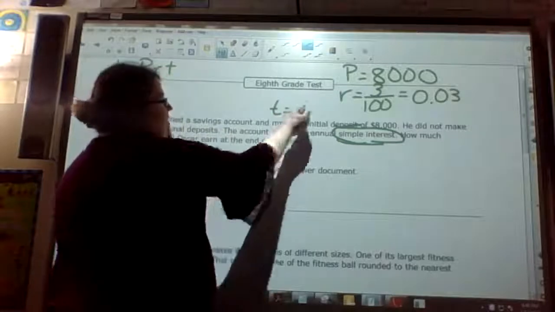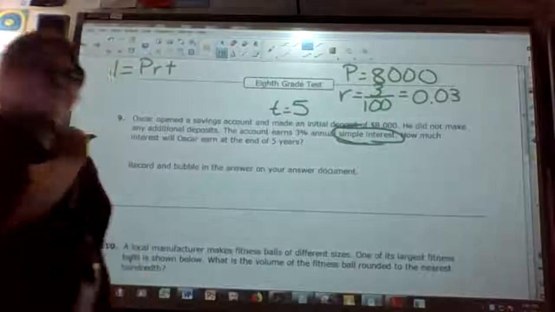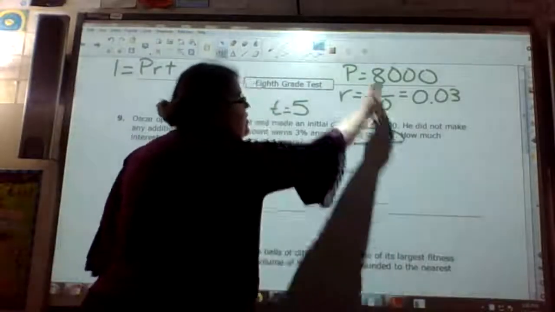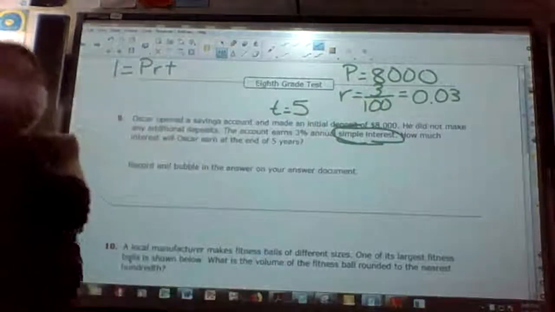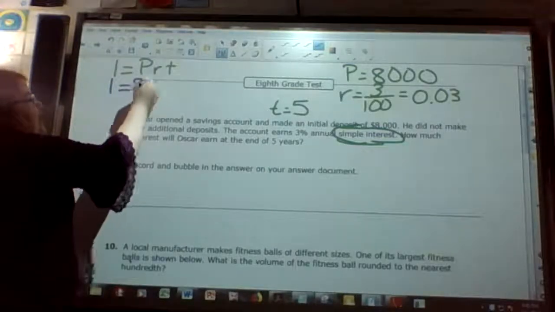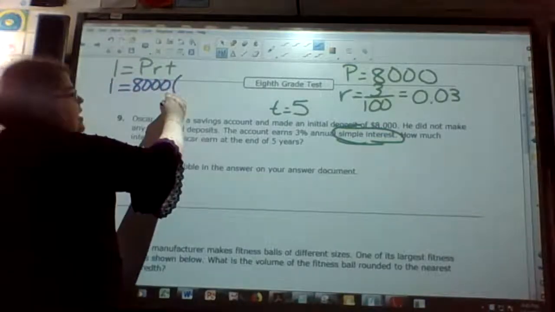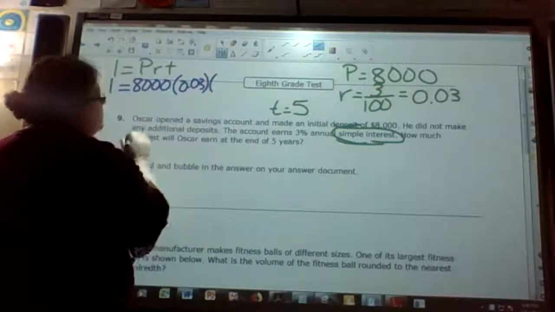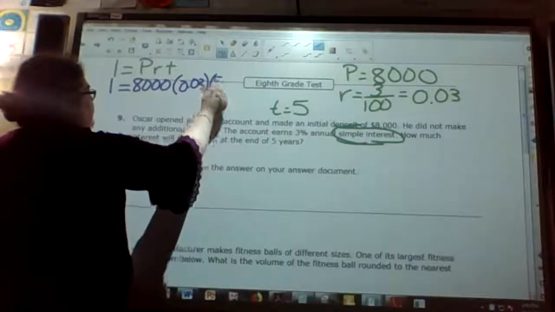Well, they told us 5 years, so T is 5. At this stage, we take what we know and we plug it back into our equation. Interest equals 8,000 times 0.03 times 5.